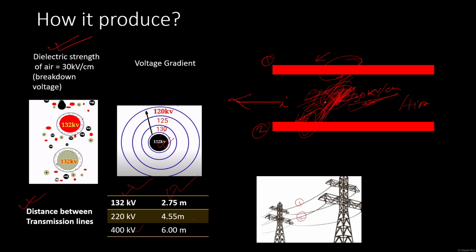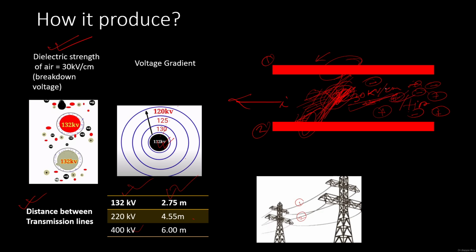Because of that, or maybe we can say the positive and negative ions they create here. So many positive and negative ions are created by this effect, and they get motion.